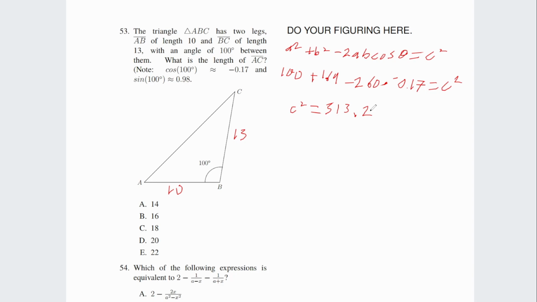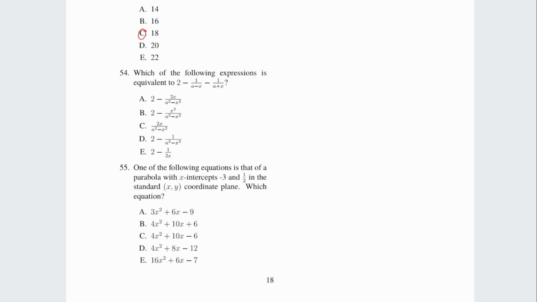So now we just need to find the square root of 313.2, and the answer is 17.69, which I'm going to round to 18.